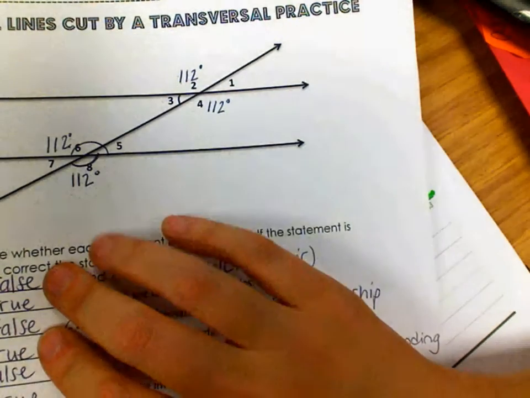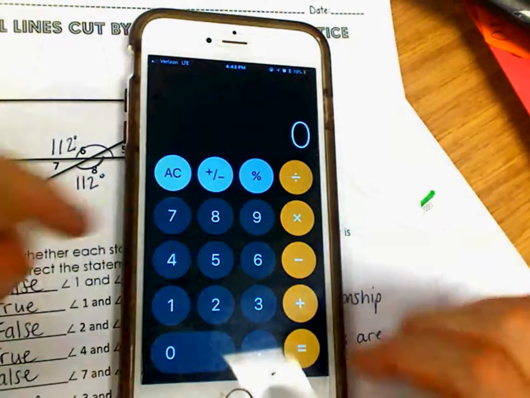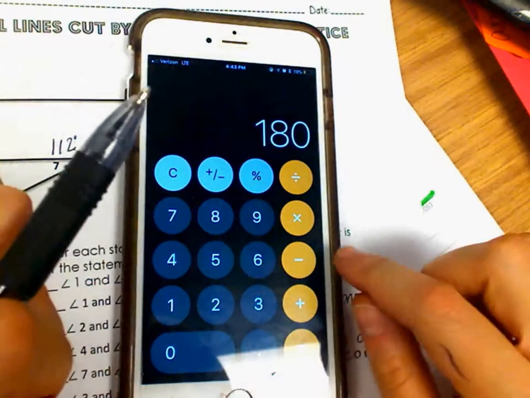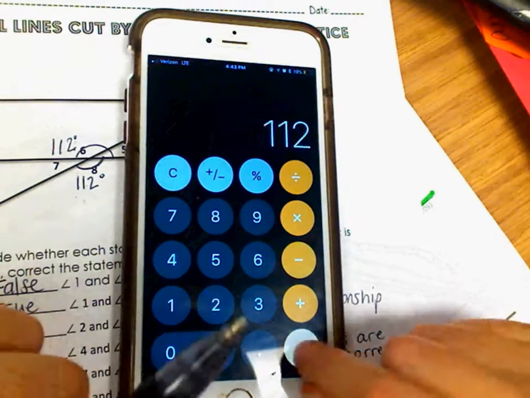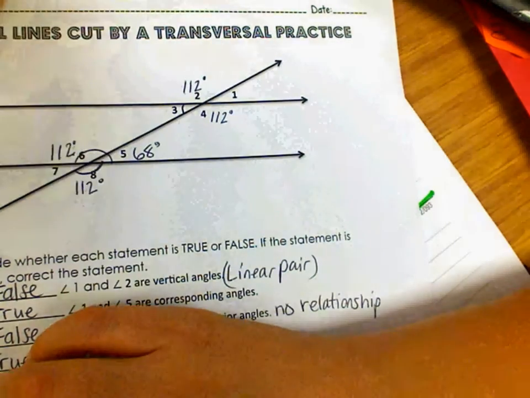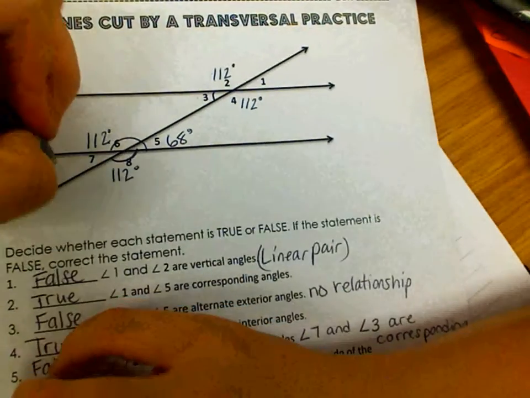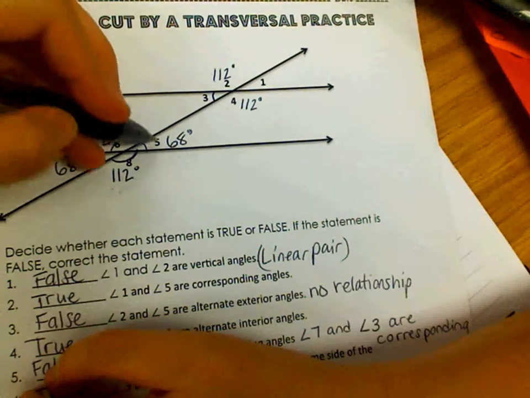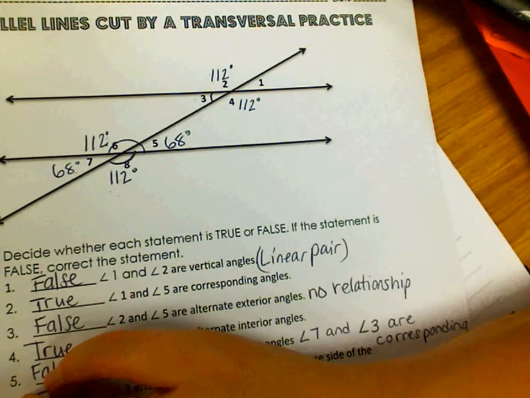Another word for that we learned is supplementary. Okay, so 180 minus 112 is 68. So angle 5 is 68 degrees. That also means that angle 7 is 68 degrees because angle 5 and angle 7 are vertical.